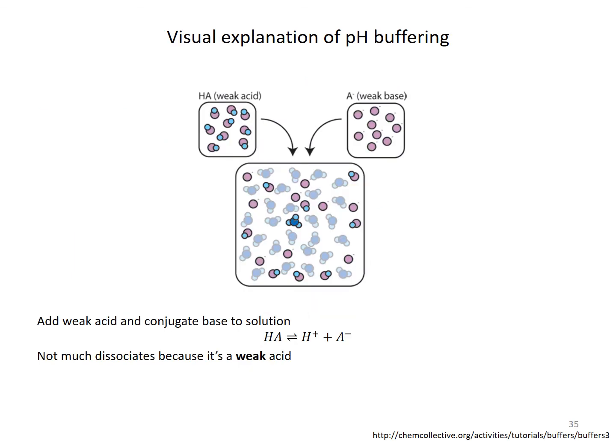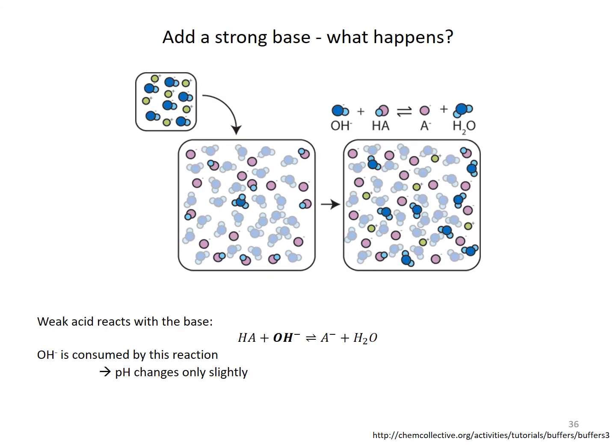Okay, shown here is a visual explanation of pH buffering. To become a buffer, it must be a weak acid that dissociates partially, which means you are always getting this reversible reaction. So what will happen if you add a strong base into the system? Well, adding base means you are adding extra OH- to the system, and to counter that change, this OH- will be absorbed by the weak acid, forming water molecules.